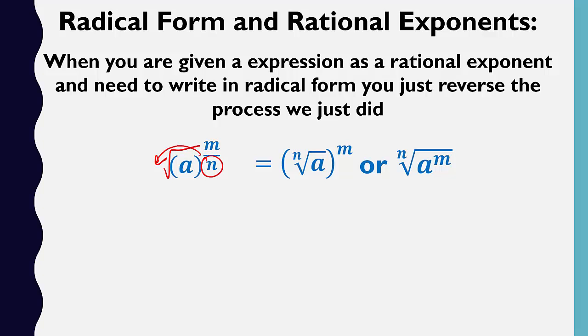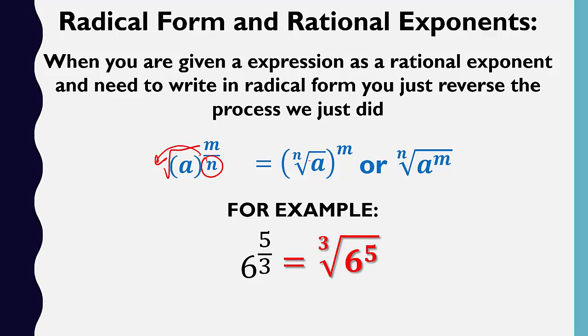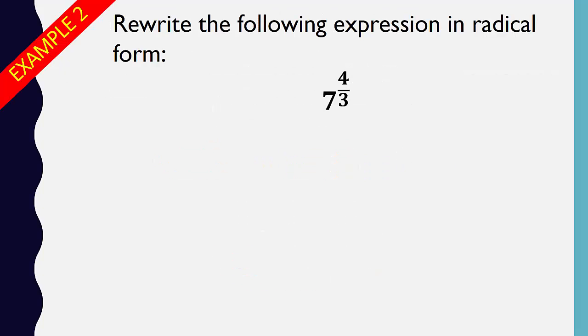The only thing I would say is if there's a coefficient here, make sure that you put the parentheses around the a and the coefficient, or just write it like this. For example, if you have 6 to the 5/3 power, we would just rewrite it like that because that 3 goes out in front. Add that, bam, done.